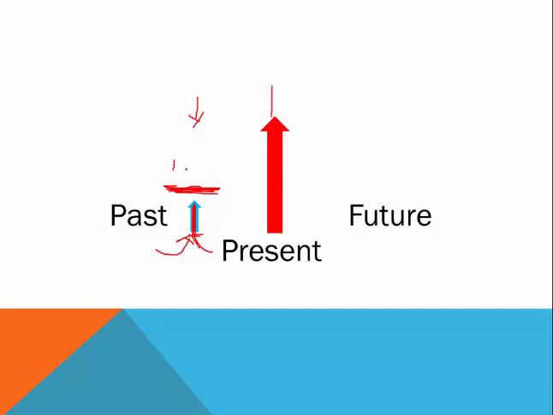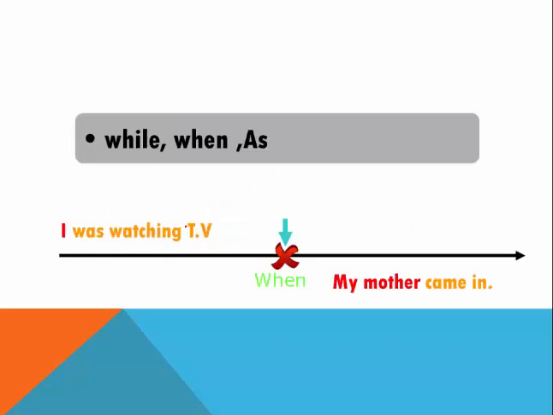So I was sleeping at the time when Ravi came. To express this type of action, with respect to another action in the past, we use the past continuous tense.